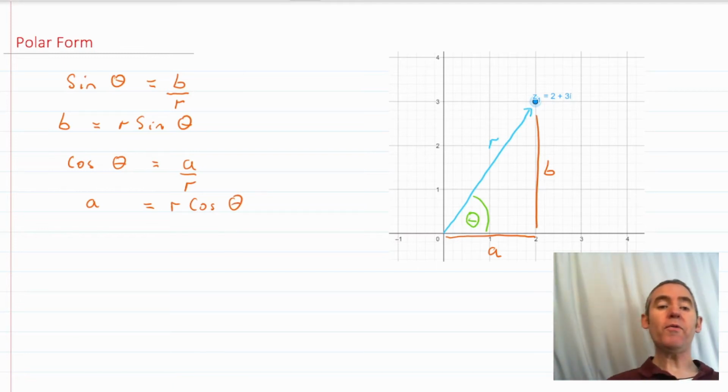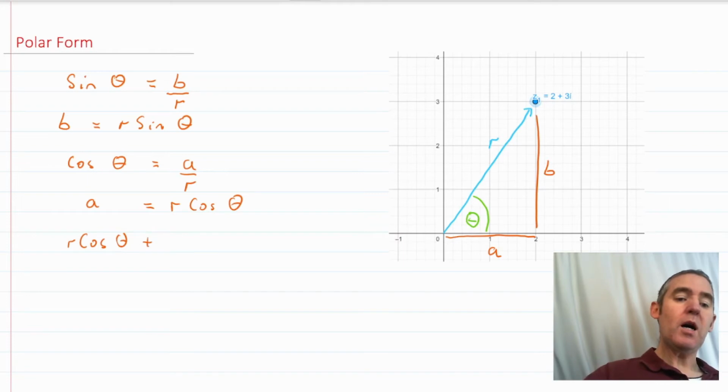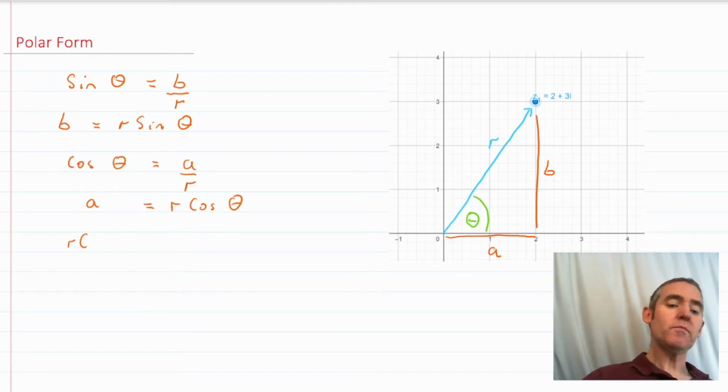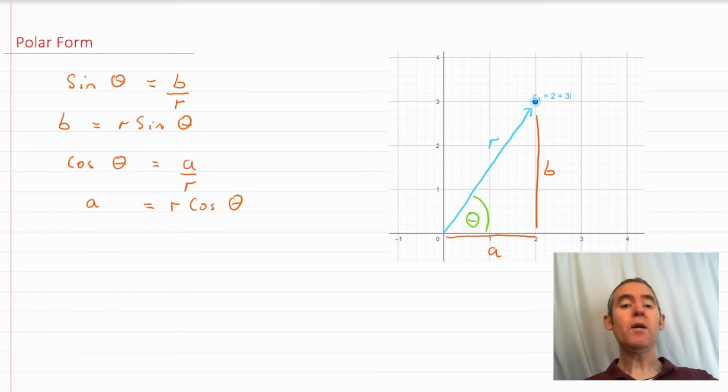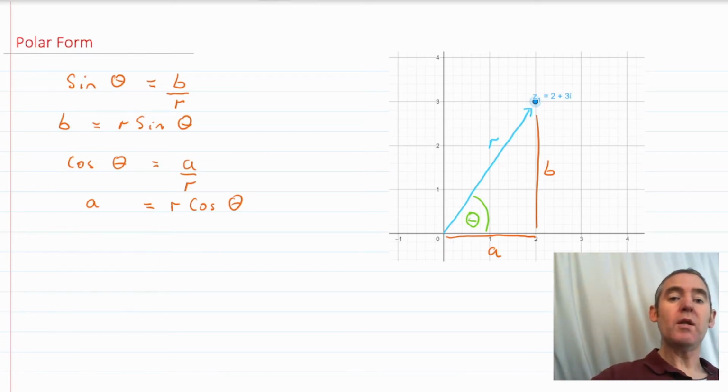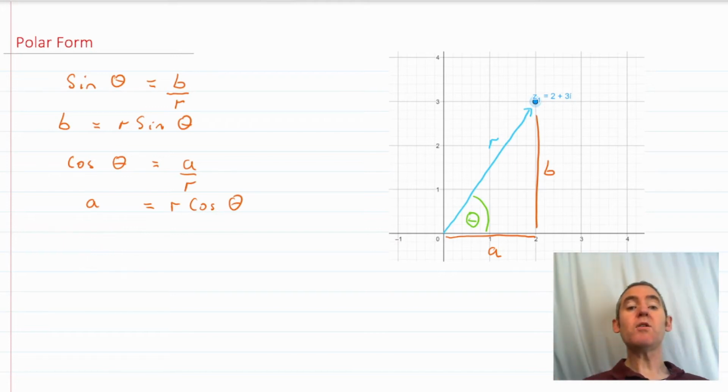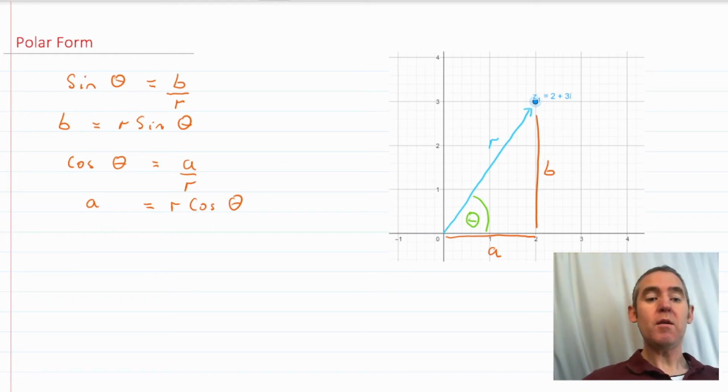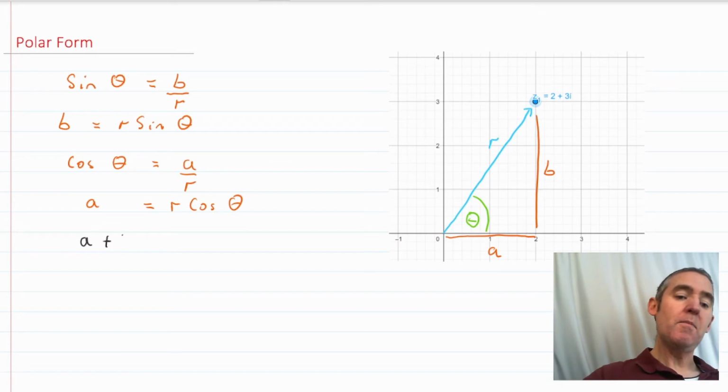So to represent it in polar form, we write A plus Bi.